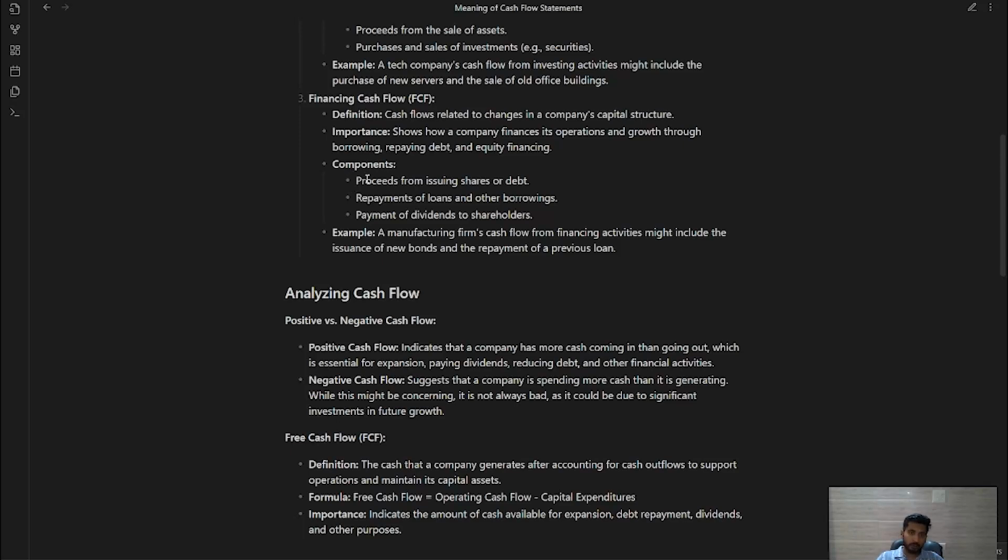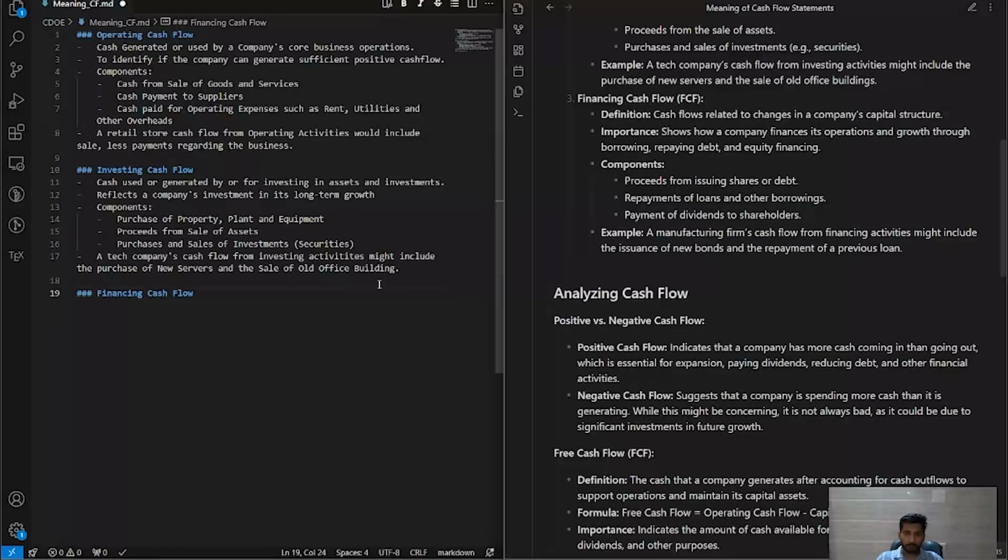The components might include proceeds from issuing shares or debt, repayment of loans and other borrowings, and payment of dividends to shareholders. A manufacturing firm's cash flow from financing activities might include the issuance of new bonds and the repayment of a previous loan.